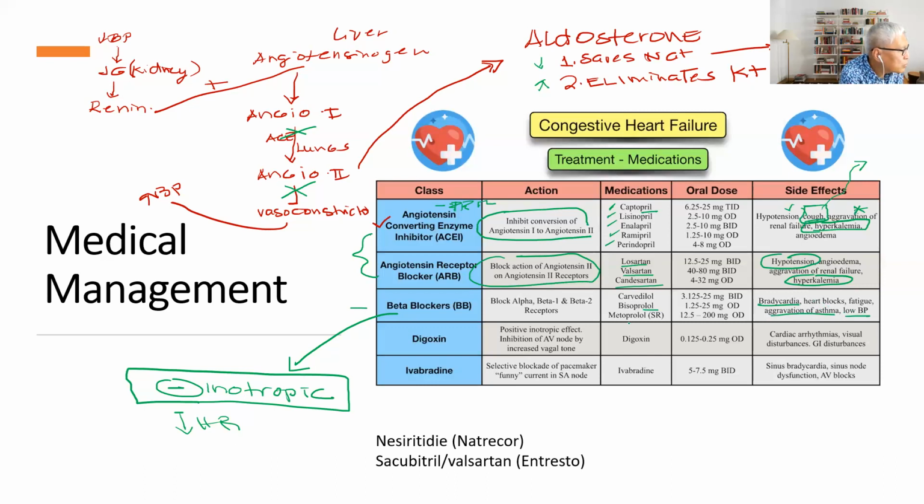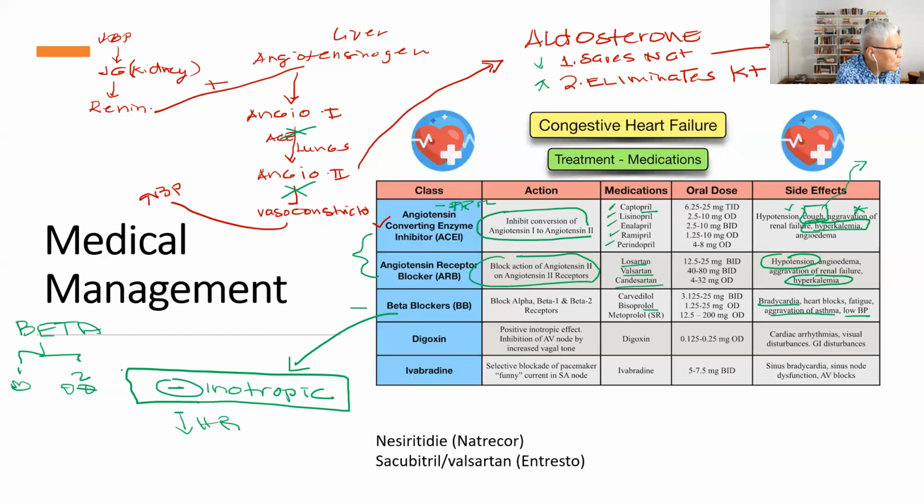Because you remember, beta drugs are going to have an effect on, there are two receptors to beta, if you remember, beta 1 and beta 2. Beta 1 is in the heart. How many lungs do we have? We have 2 lungs. So it's easy to remember.